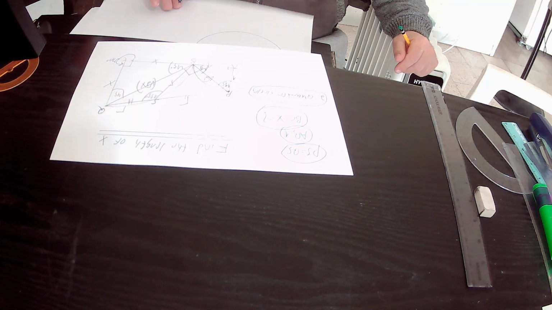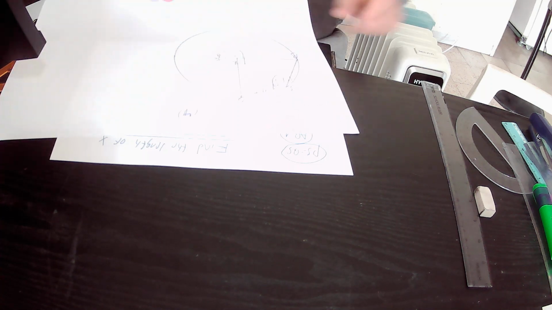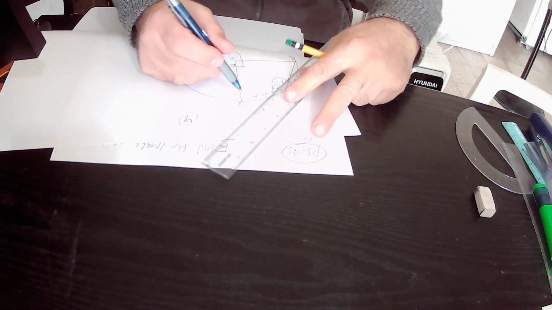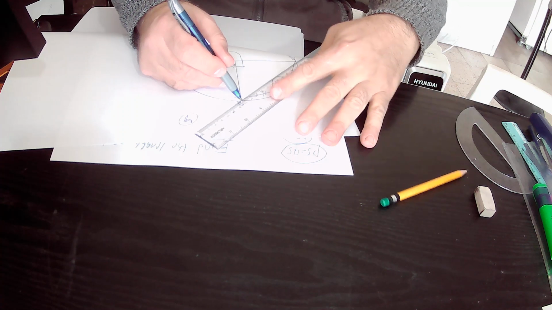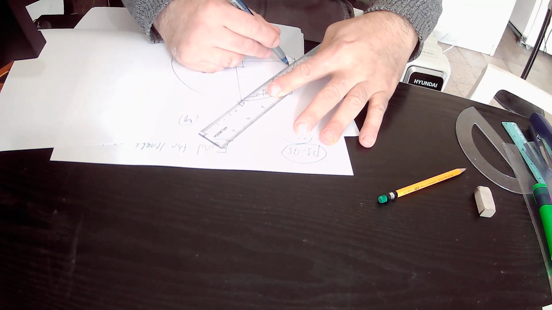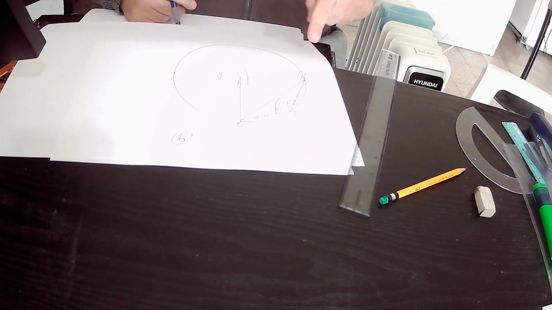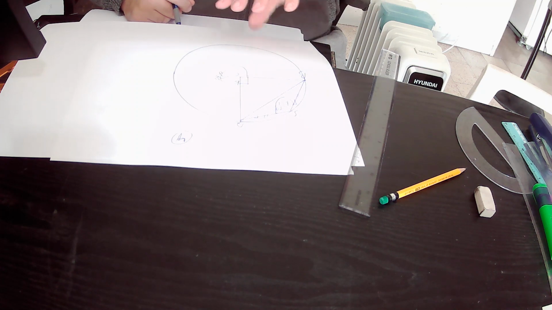So we'll join points B and Q together by a straight line, and we'll focus on triangle BSQ.